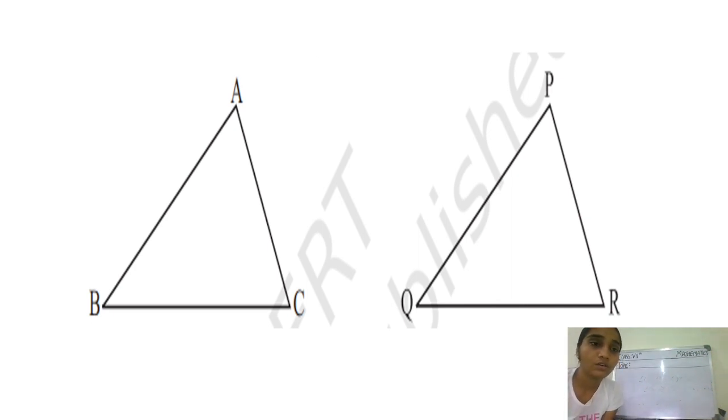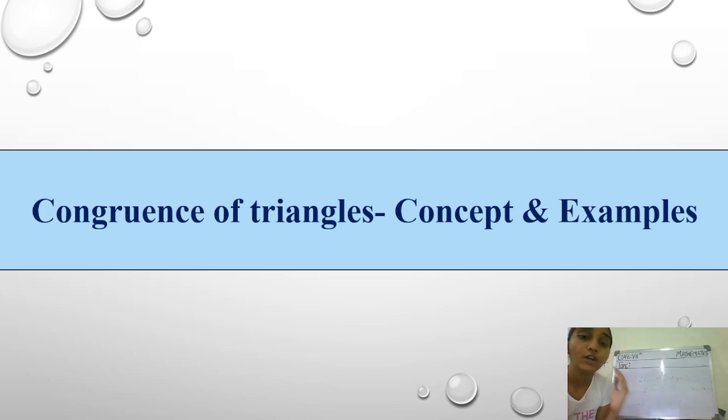Okay students, those who know it, very good, we'll discuss more on it, but for those who don't know, our topic of discussion today is the congruence of triangles. We are going to discuss its concept and the examples related to it. So what is our topic of discussion today, students? Yes, congruence of triangles, its concept and examples.